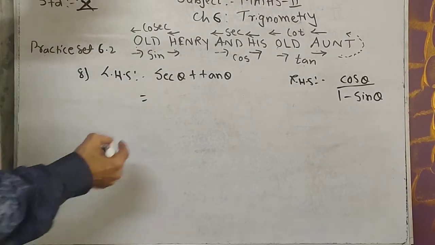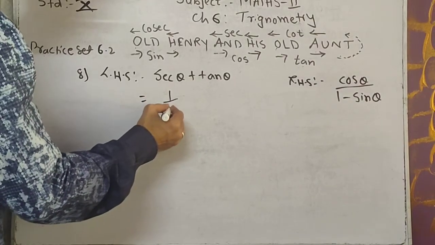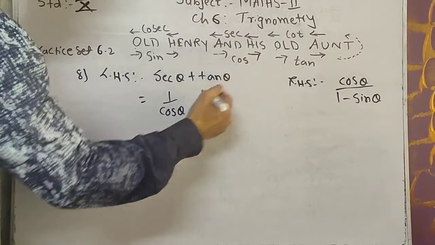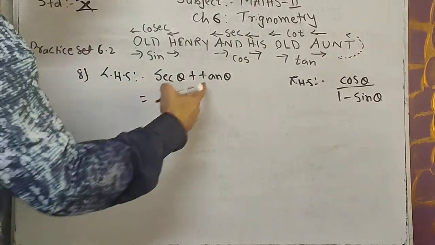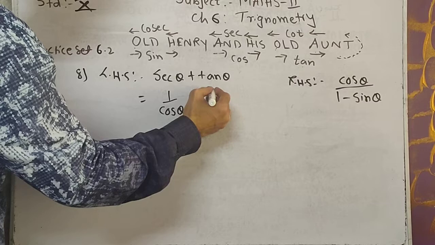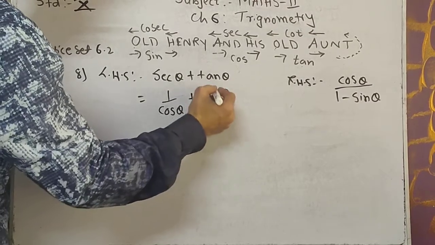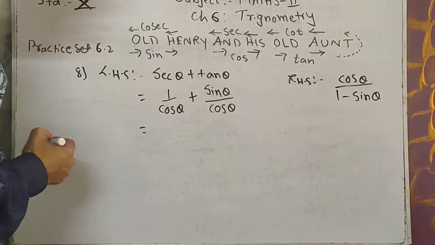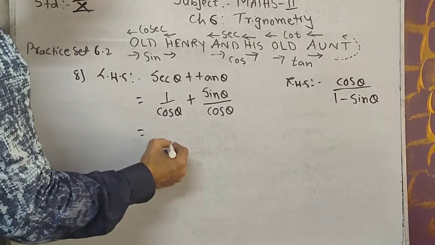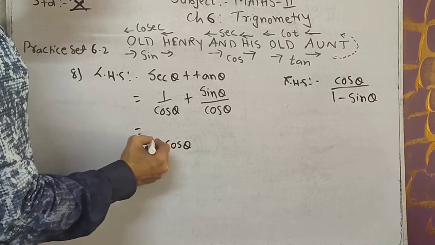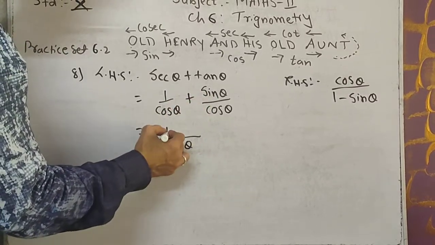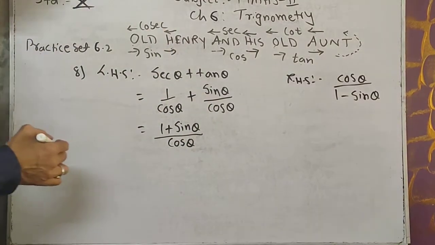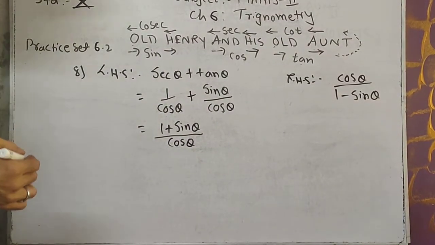Sec theta means 1 upon cos theta, plus tan theta, which means sin theta upon cos theta. Here cos theta is the same in the denominator, so I will take the numerator together: 1 plus sin theta upon cos theta.